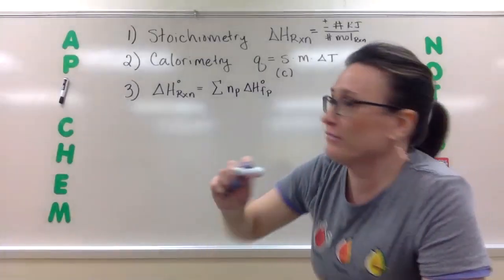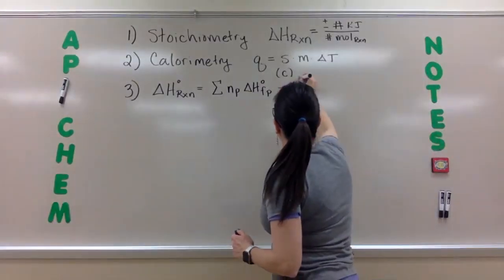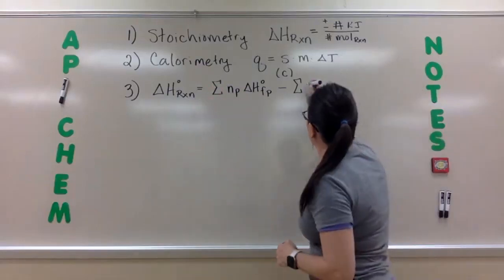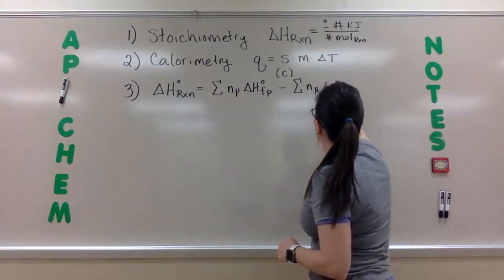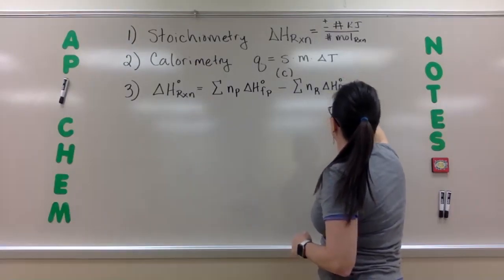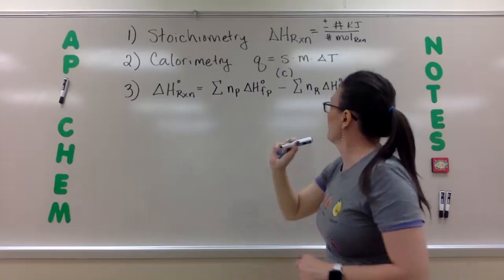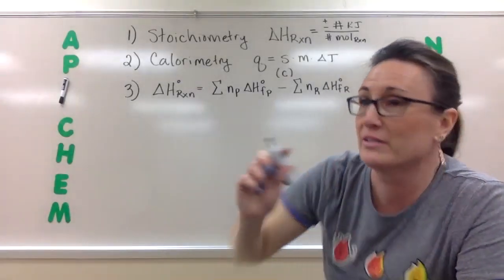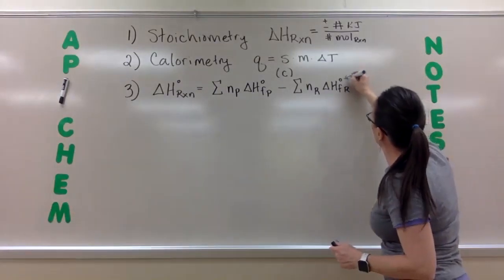Then you subtract it from, and that means summation. Hopefully you know that already. And then moles of the reactant times the heat of formation at standard conditions of each reactant, okay? So again, that little circle means naught. That's how it's stated, like this little thingy.